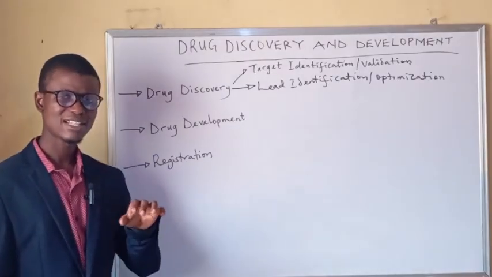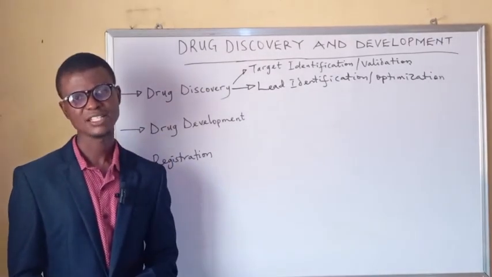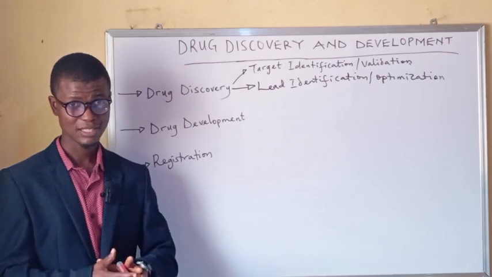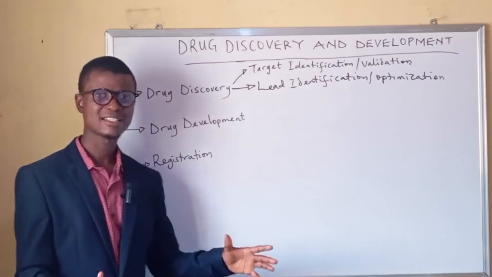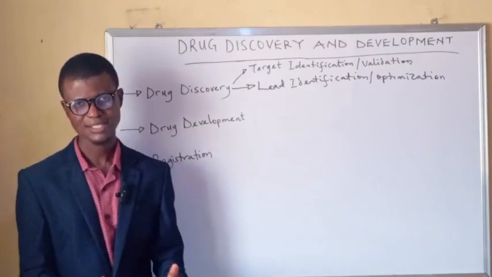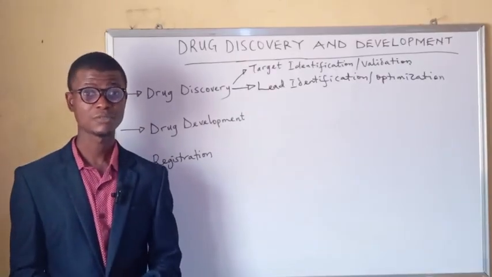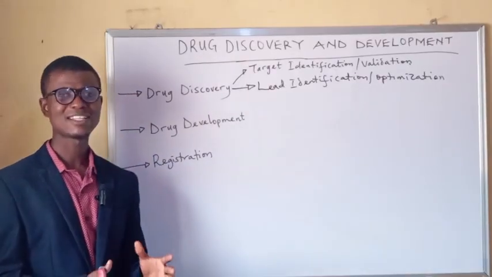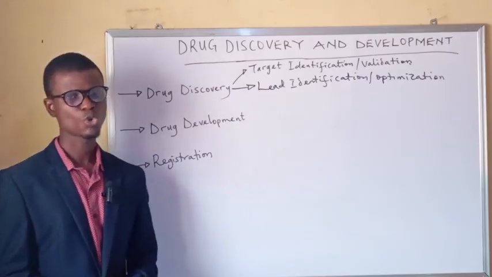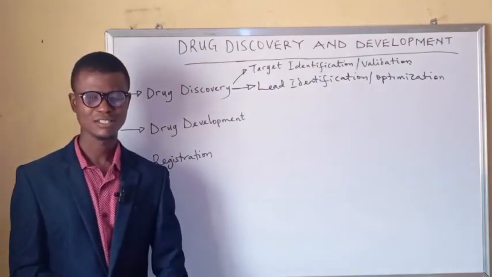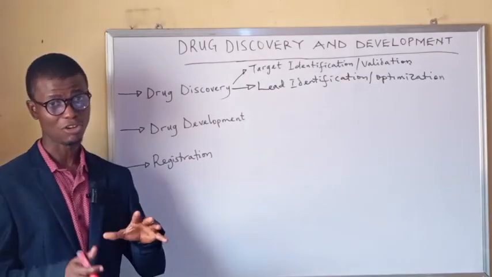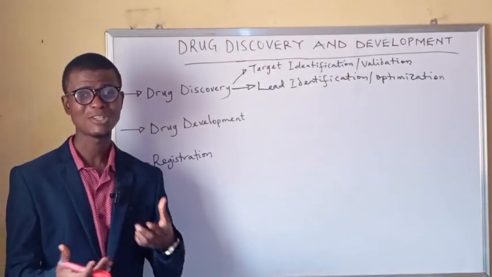For instance, when you look at the gastrointestinal tract, it has a pH gradient in the sense that in the stomach it is acidic. You have a pH ranging from 1 to 2. So if you have an acidic drug going into the stomach, it is not going to be ionized in the stomach because of what is described as the common ion effect.